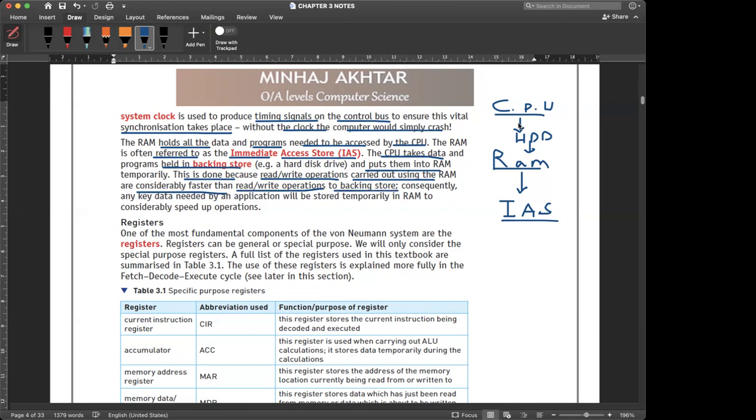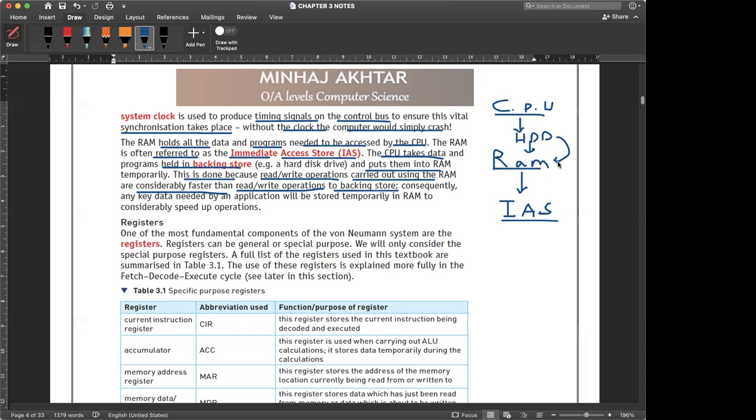Why does the CPU send the data into RAM? The reason is RAM is faster. RAM is faster in processing and executing instructions, but the hard drive is slower than RAM.